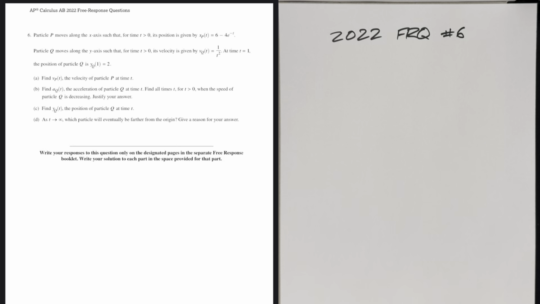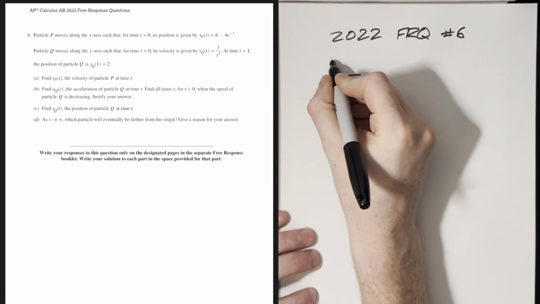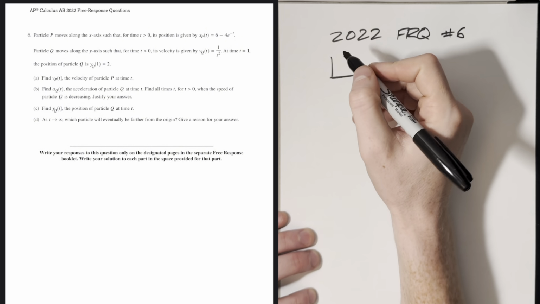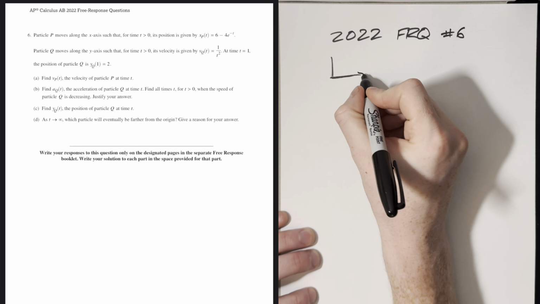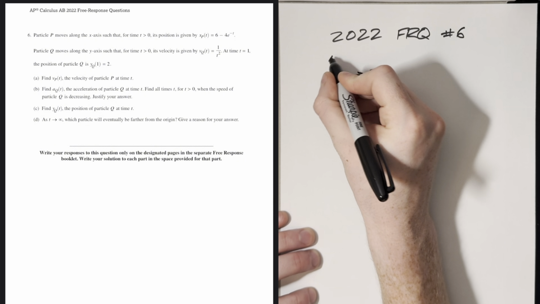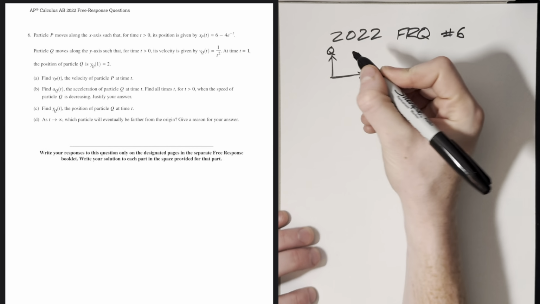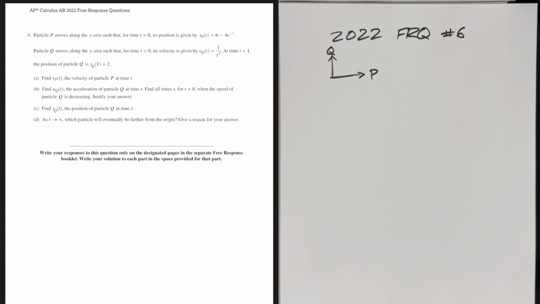Okay, so you've got two particles. Particle P is moving along the x-axis, and particle Q is moving along the y-axis.